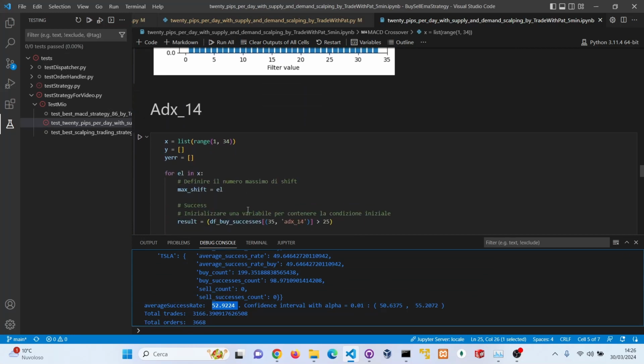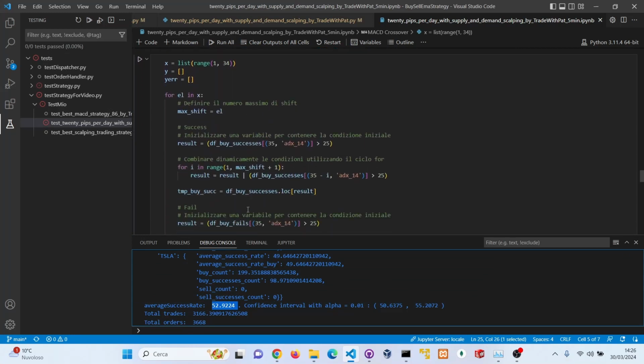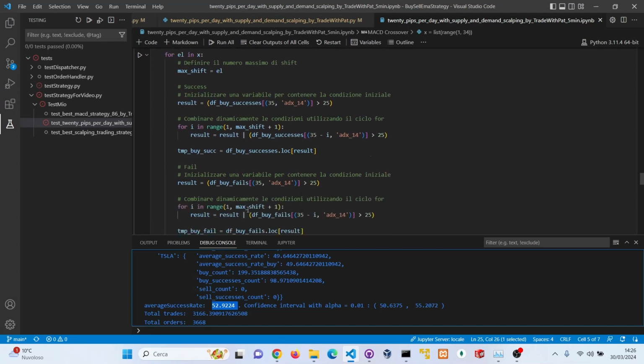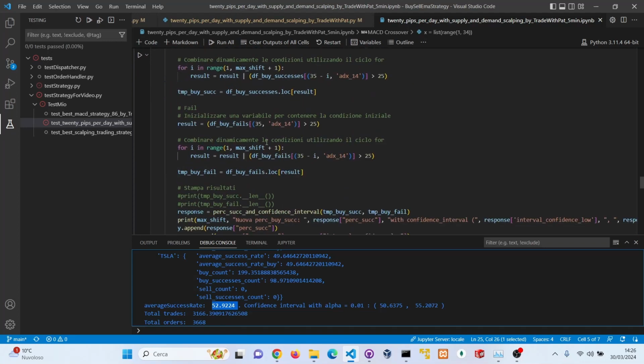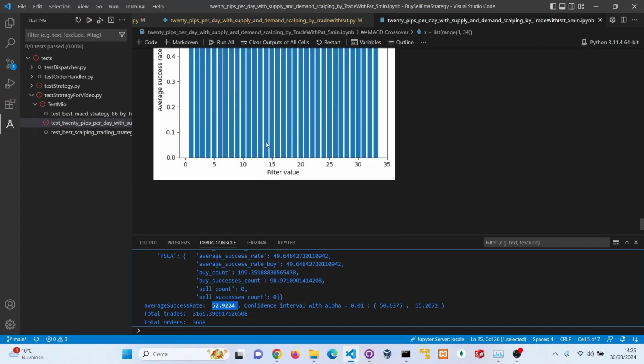Then I tried on the ADX to find at least one candle where the ADX was above 25, and the interval changes, and we can see it on the x-axis.